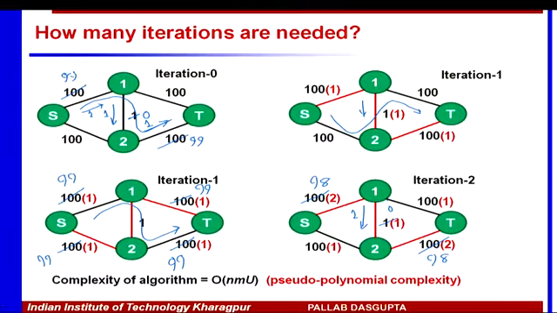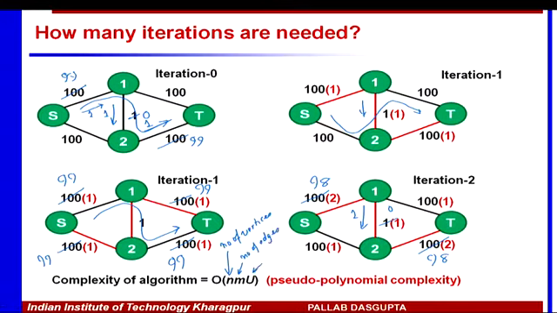So, let us look at the things that we have here. The terms in the complexity. What is this n? It is the number of vertices. What is this m? Number of edges.